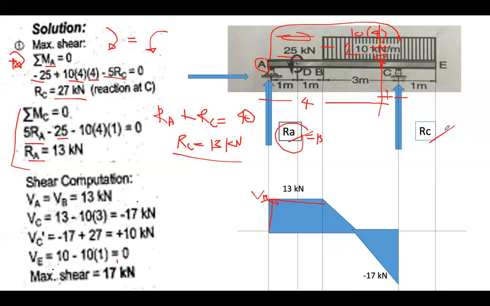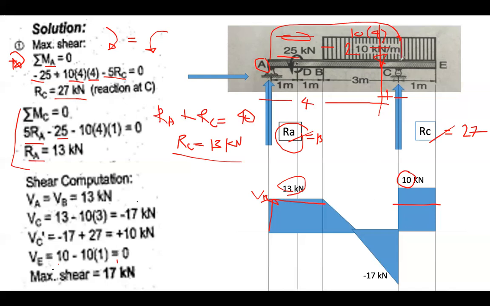And then going up, RC is equal to 27, positive 27. Graphically, it's not correct, but the value is correct.